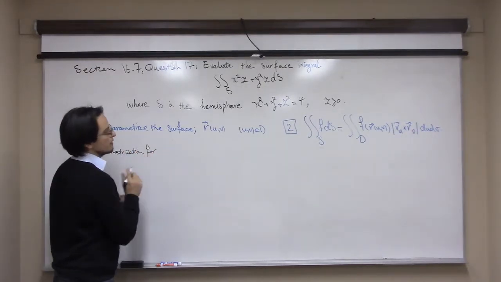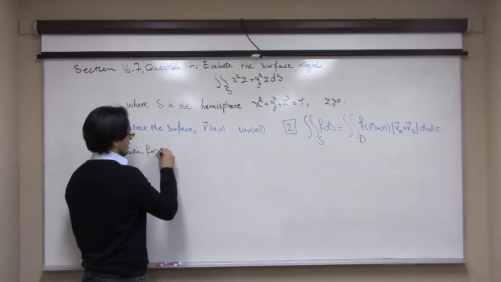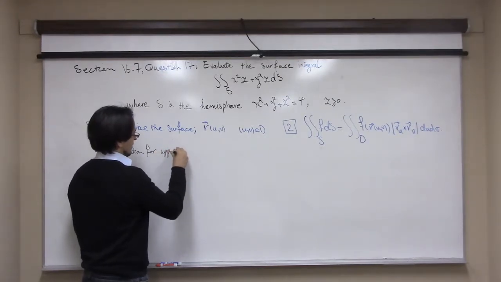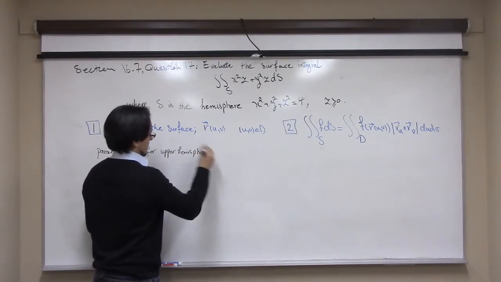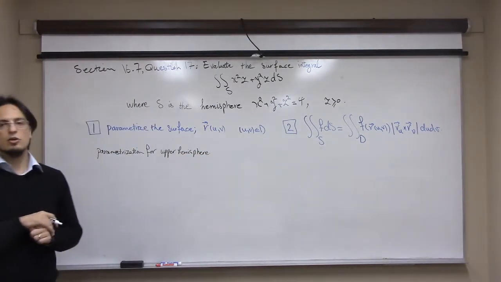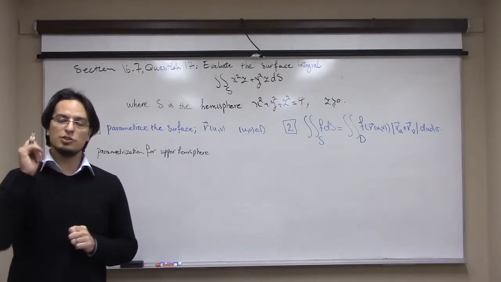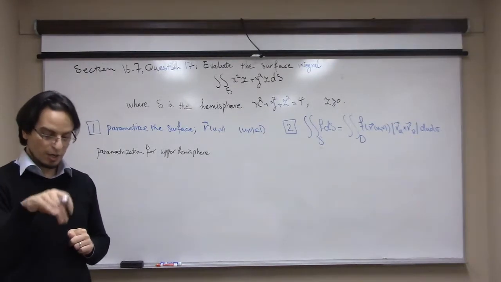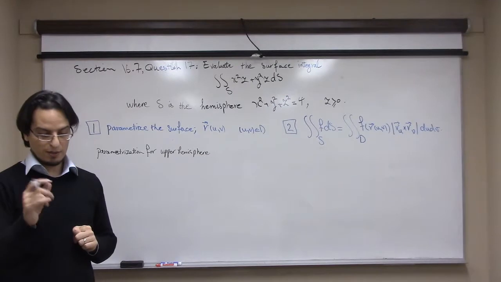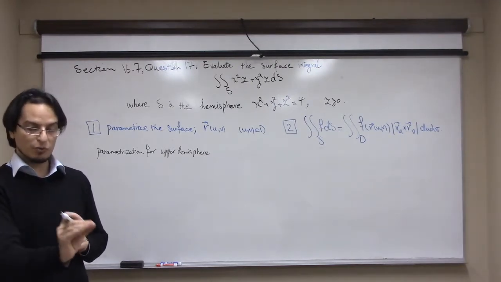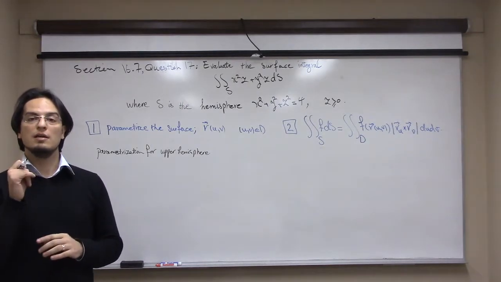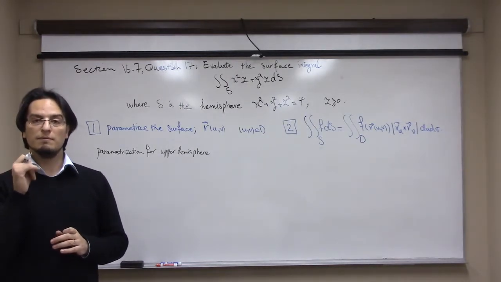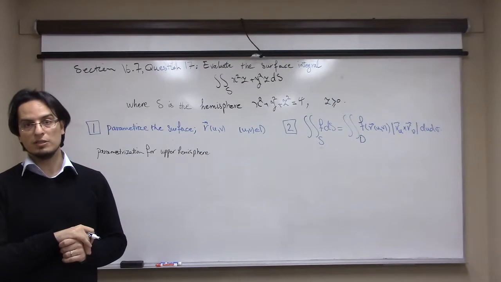For the upper hemisphere. So, the best thing to describe spheres in R3 when they have their center at the origin is using spherical coordinates.